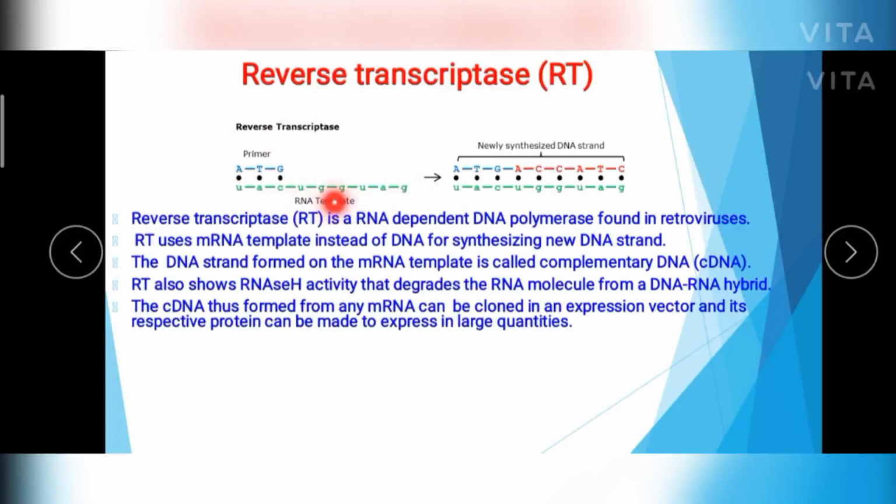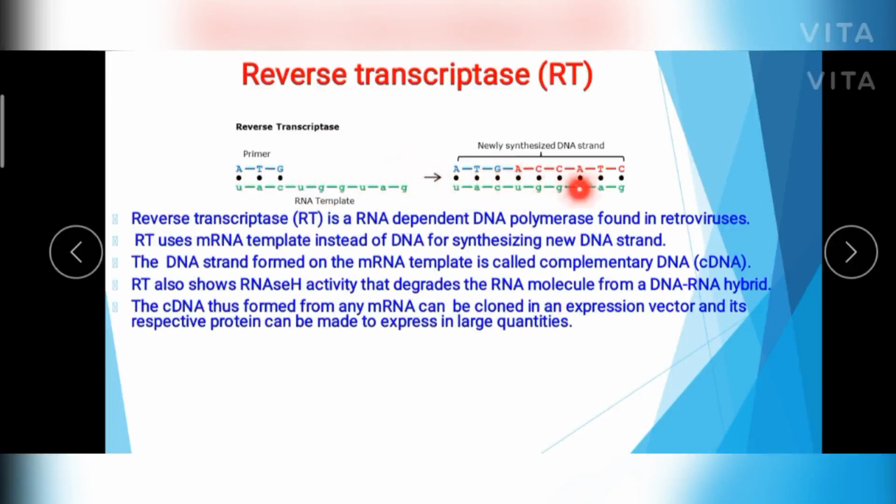For this reason it is called RNA dependent DNA polymerase. With the help of the primer, utilizing the RNA as a template, if you add the monomeric units, that is the dNTPs, the chain is extended by the polymerase reaction.